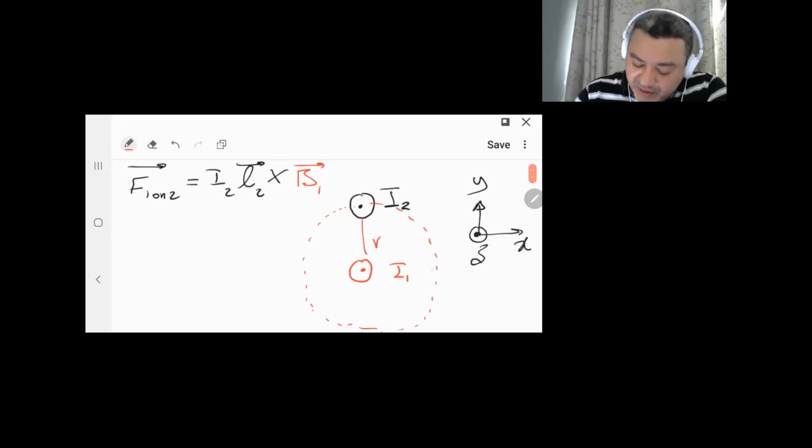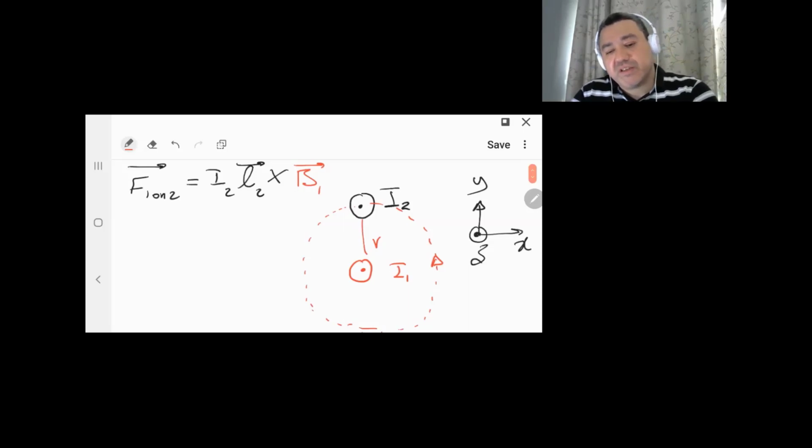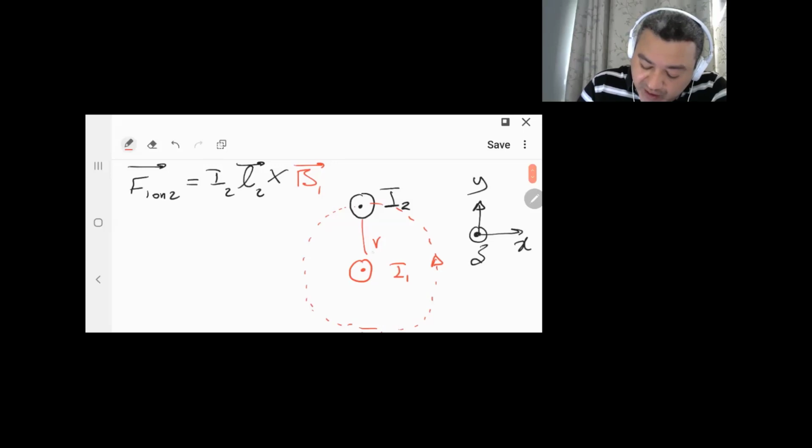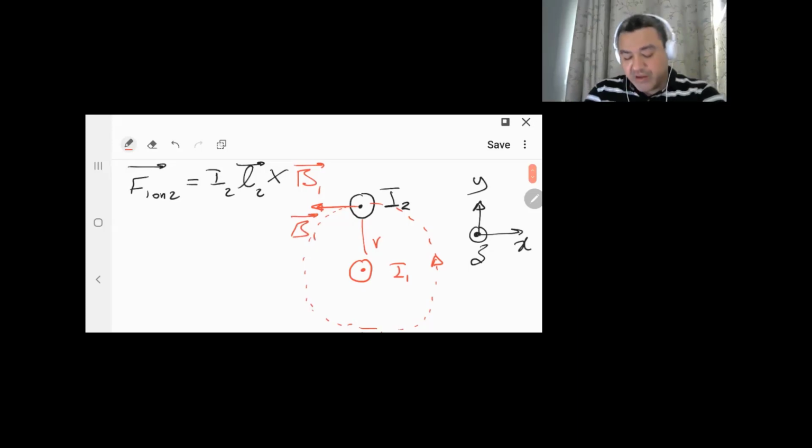We can see that the magnetic field with the current out of the screen will take this direction. What does this mean? This means that at any point on this circle, the magnetic field will be tangential. Since I'm interested to find the magnetic field right at the wire I2, then the magnetic field B1 right on here will be tangential and pointing in this direction. So this is B1.